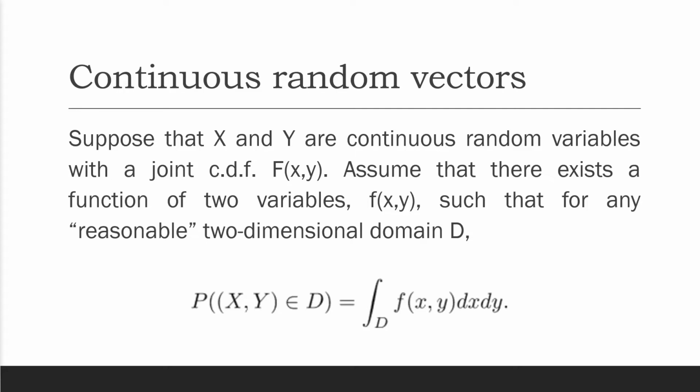Assume that there exists a function of two variables f(x, y) such that for any reasonable two-dimensional domain D, the probability that (X, Y) belongs to D is equal to the integral of f(x, y) dx dy over D. We say that the function f is the joint density function of X and Y, or the joint probability density function, the PDF of X and Y, or the probability density function of the vector (X, Y).